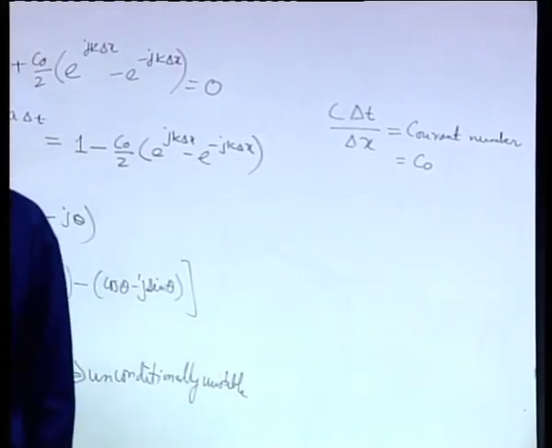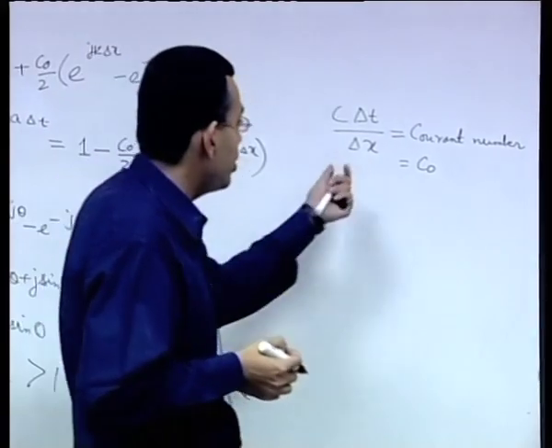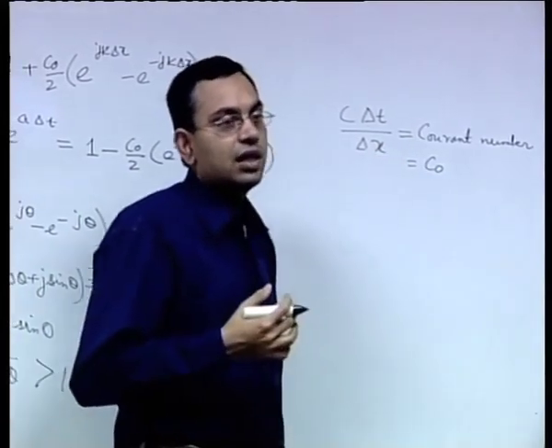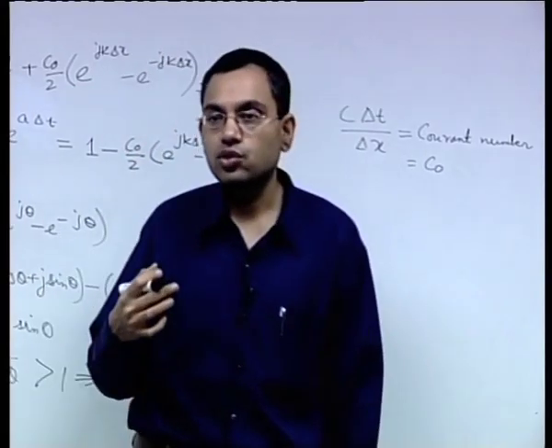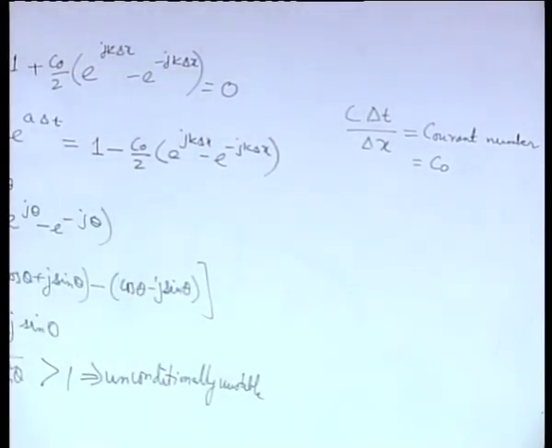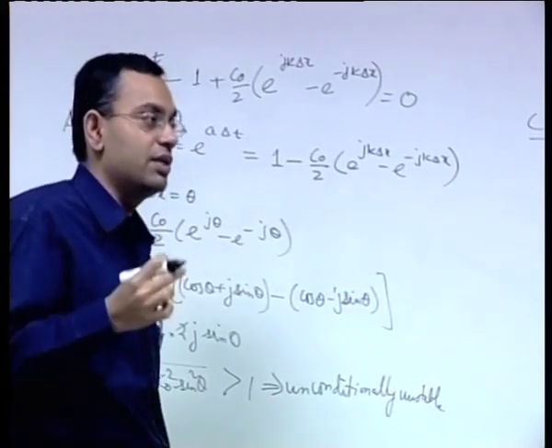So if you consider c into delta t, that is the distance by which a disturbance propagates through the medium, and delta x is your grid spacing. What you generally expect is that your disturbances should not propagate faster than your grid spacing. So your grid spacings should be able to capture the propagation of the disturbances.